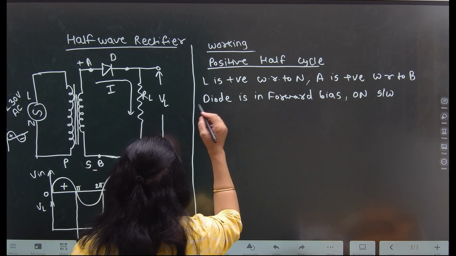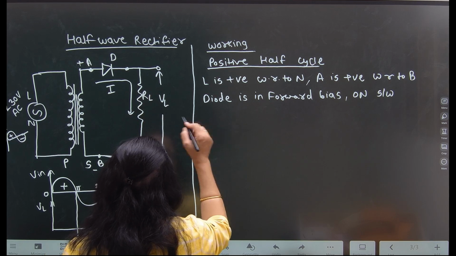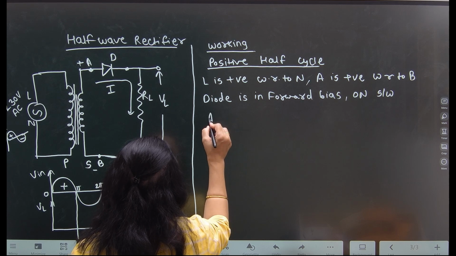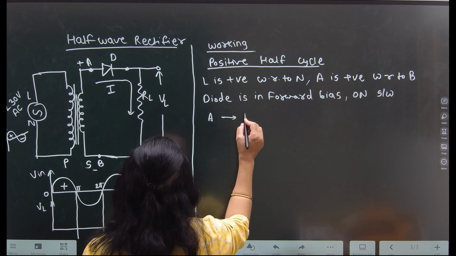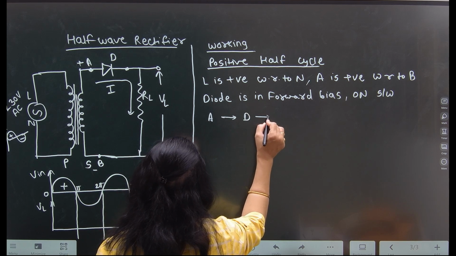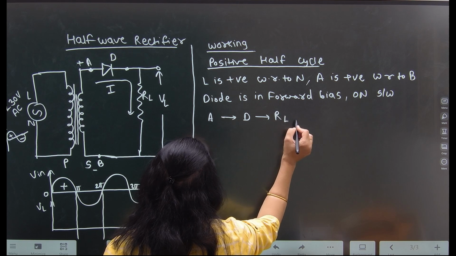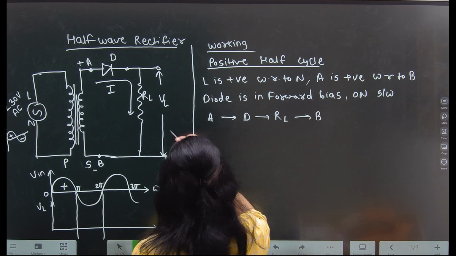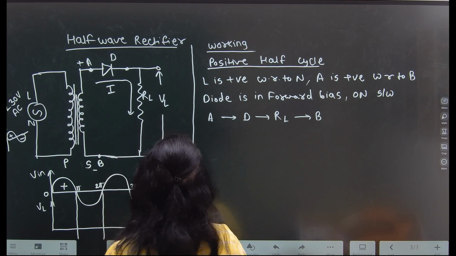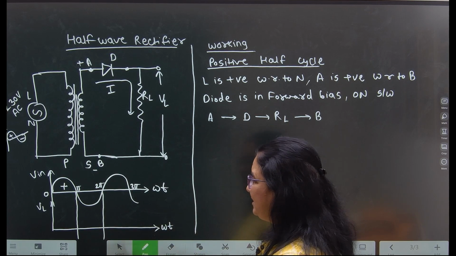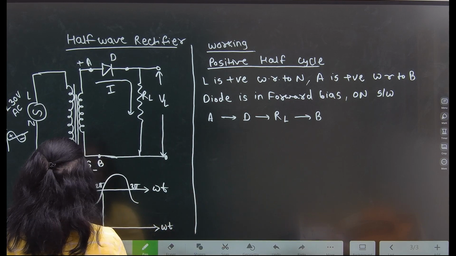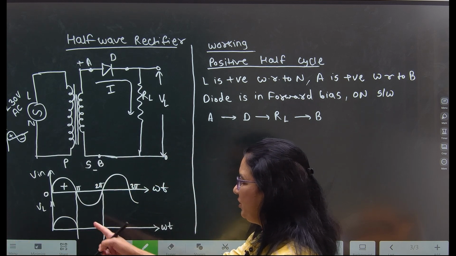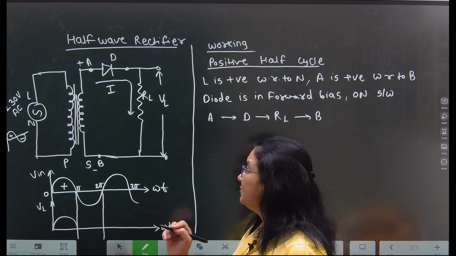It will complete its path from point A, then diode D, then RL, and again point B. Like this, current flows through the circuit in the positive half cycle. So we will get a waveform at VL in the positive half cycle.